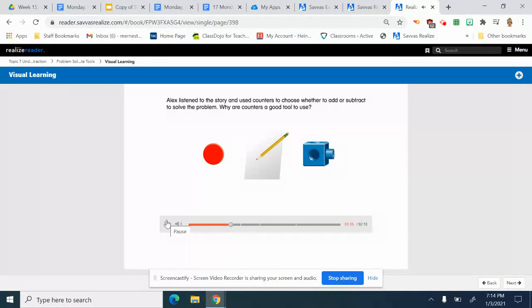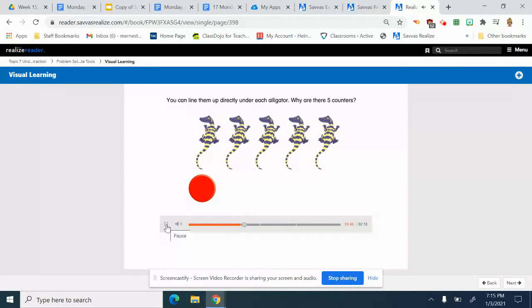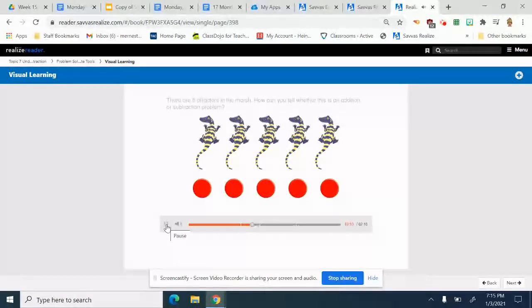Alex listened to the story and used counters to choose whether to add or subtract to solve the problem. Why are counters a good tool to use? You can line them up directly under each alligator. Why are there 5 counters? There are 5 alligators in the marsh.